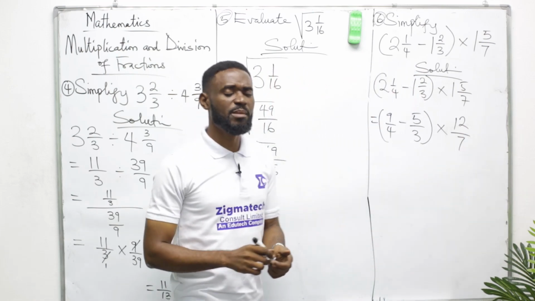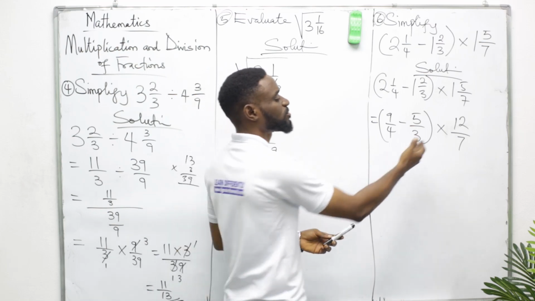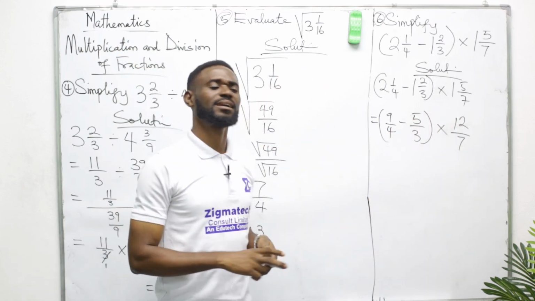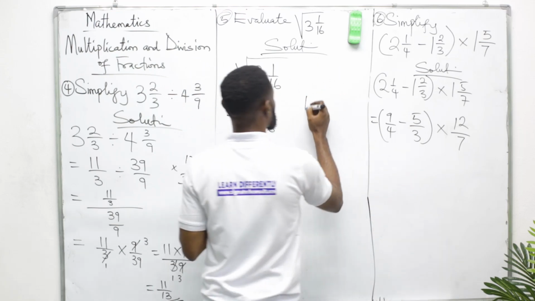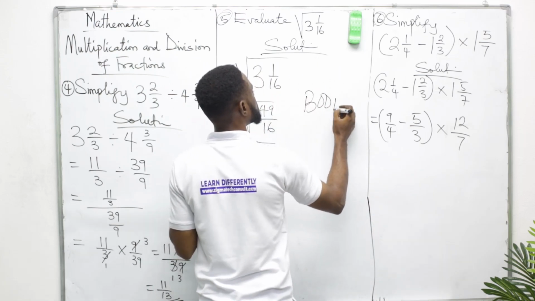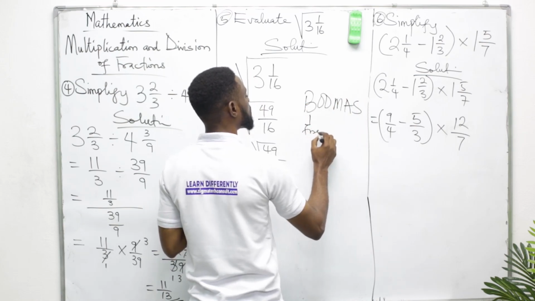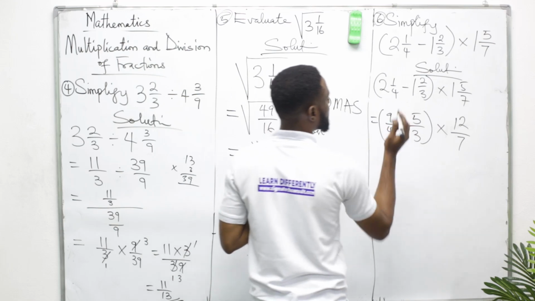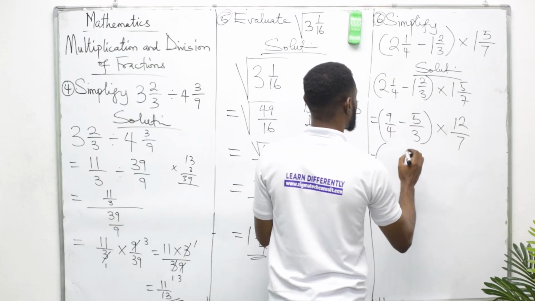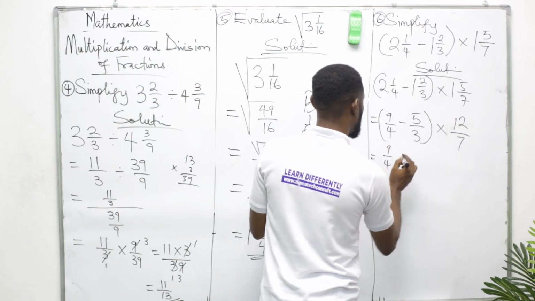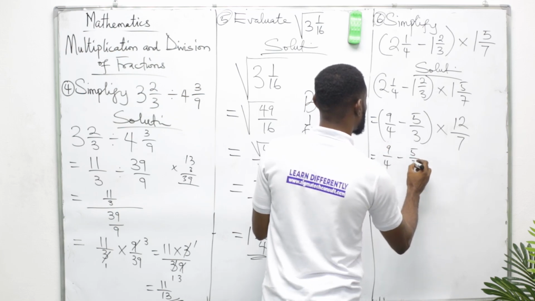So what do we do? Remember in BODMAS, don't go and do this first. BODMAS says bracket first. So we do what we have in the bracket. In the bracket, we have 9 over 4 minus 5 over 3.